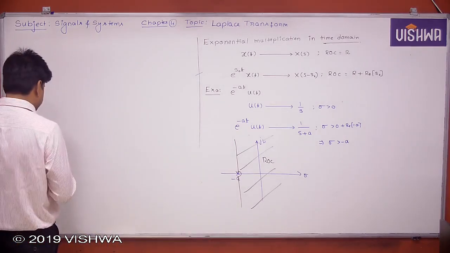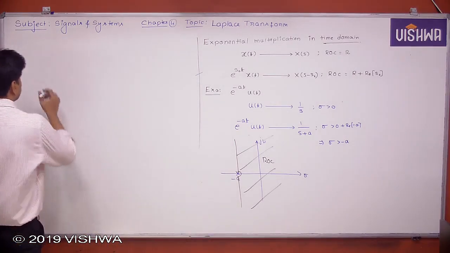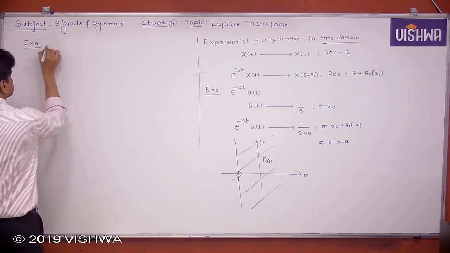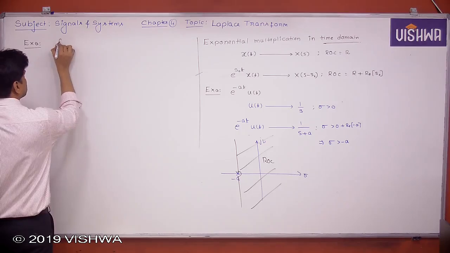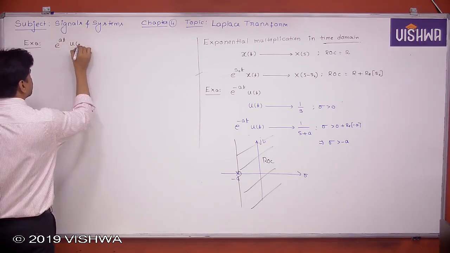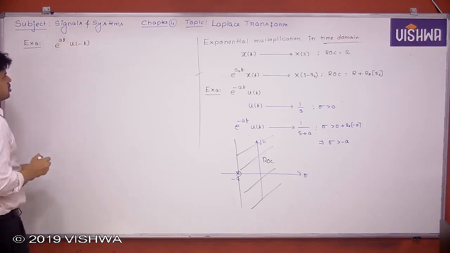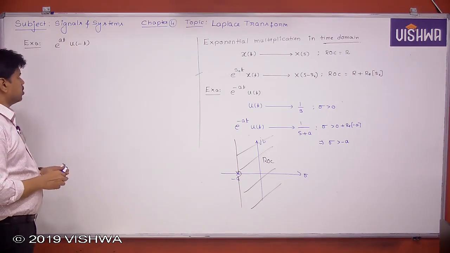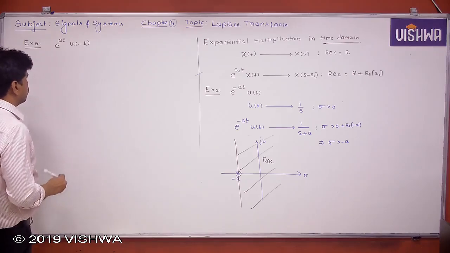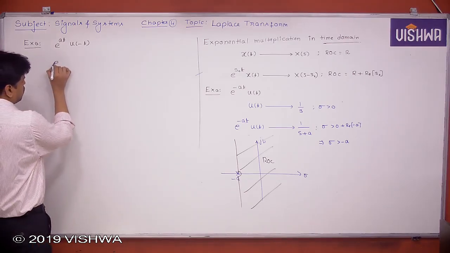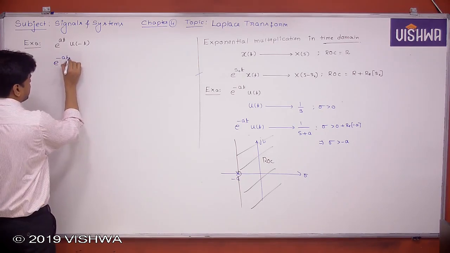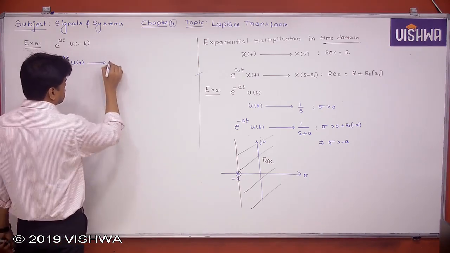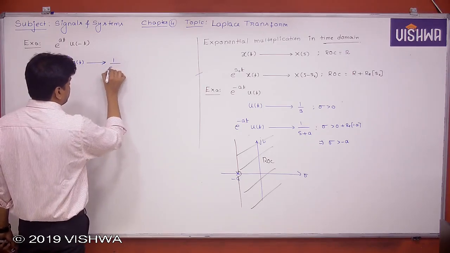If I take one more example, e power at u of minus t. For this one, we have to calculate the Laplace transform as well as the ROC. First, let's see what we know. We know e power minus at u of t, as we just came to know, has Laplace transform 1 by s plus a.